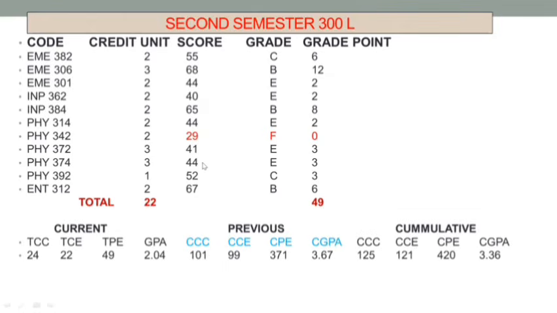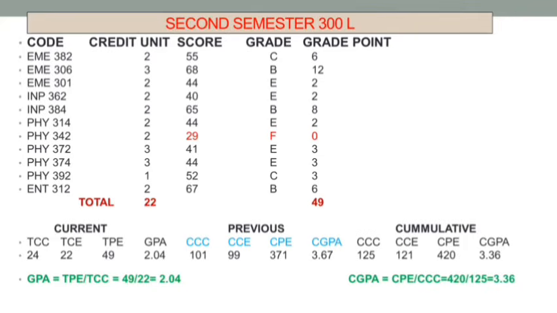Oh, this semester is really poor for Mr. Boy. No A is even registered, just 3 B, then 1 C, 2 C, and no D, the rest E and F. And I want to remind us, 300 level is the heart of a higher institution.